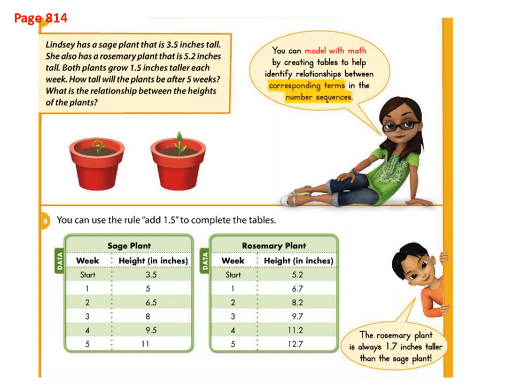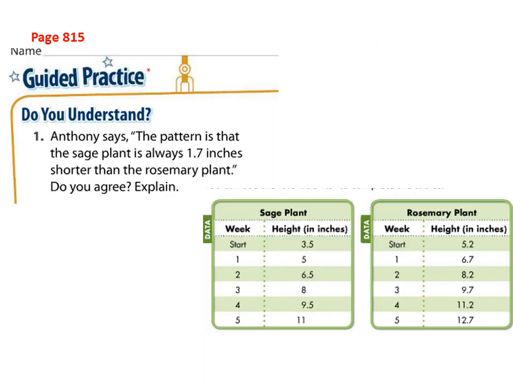Now, go to the next page, question 1. Page 815, question 1. The question says, Anthony says the pattern is that the sage plant is always 1.7 inches shorter than the rosemary plant. Do you agree? Explain.